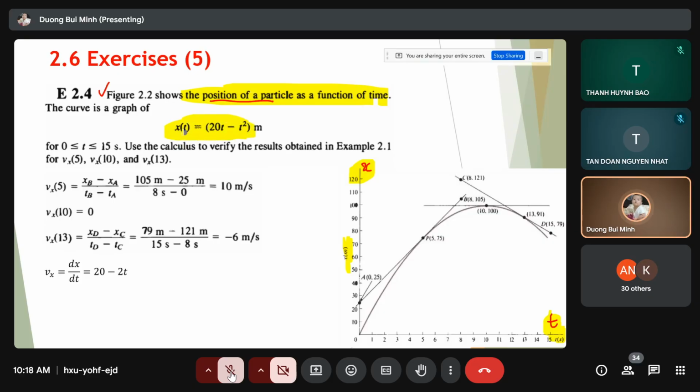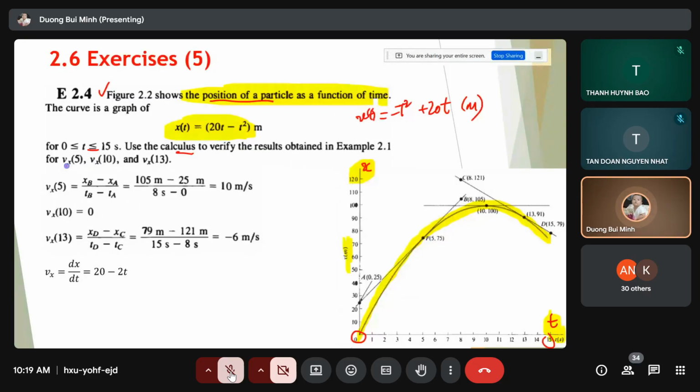Luckily they give us the function of position, because this graph is like a parabola, so it is a quadratic equation: x equals minus t squared plus 20t meters, from t equals 0 to 15. Use calculus to verify the results and obtain these figures.